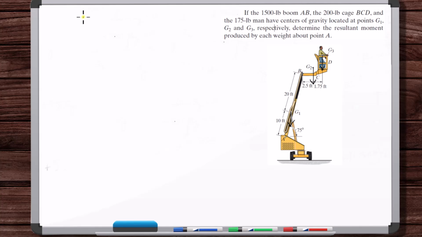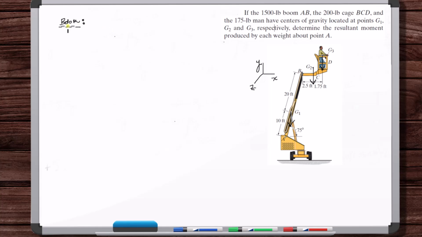Okay, let's do the boom first. Our coordinate system we'll say is Z, X, Y. For the boom, we've got this G1, and this force here is causing a clockwise rotation, so it's going to be a negative moment. What's the moment arm? It's this distance here.